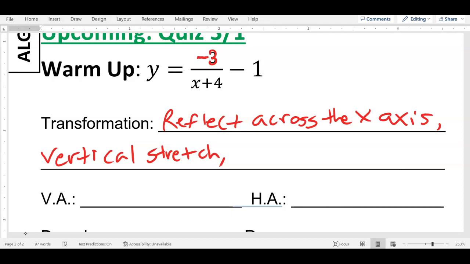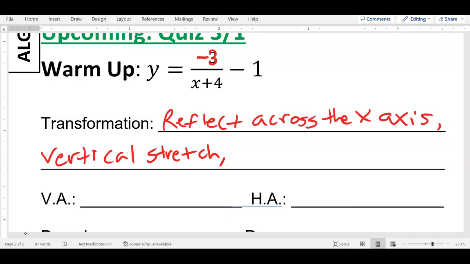Okay, now let's look at these numbers. What do we know about the number next to x on the bottom? I know it's a 4, but this is always a what? A lie. Y'all remember that? Whatever's next to x on the bottom here is a lie. So it says +4, but we want to really think of what? Negative, or -4. So which way does that shift? Up, down, left, or right? What do you think?